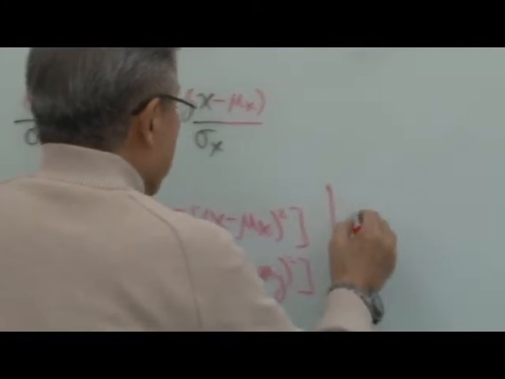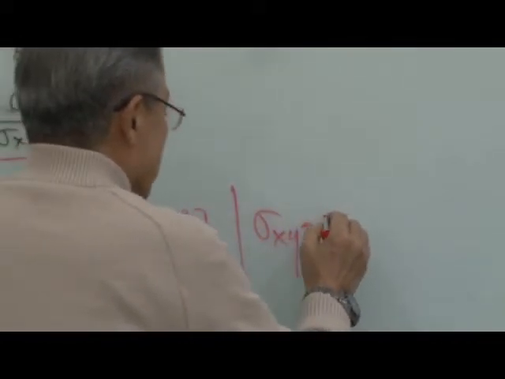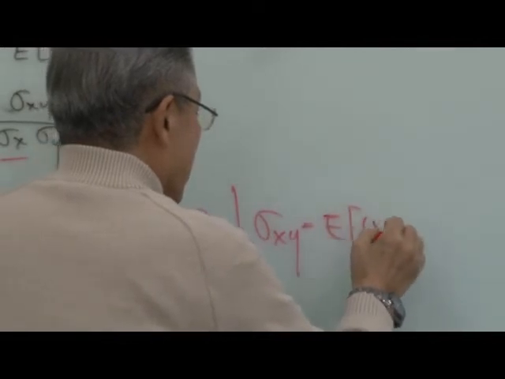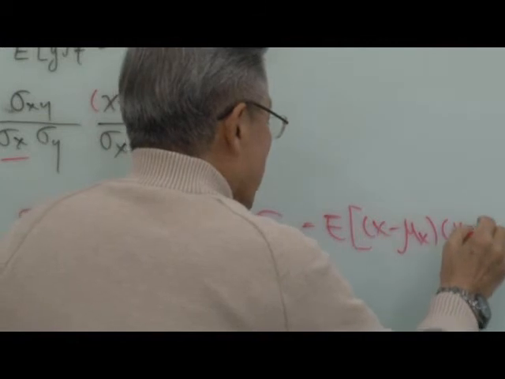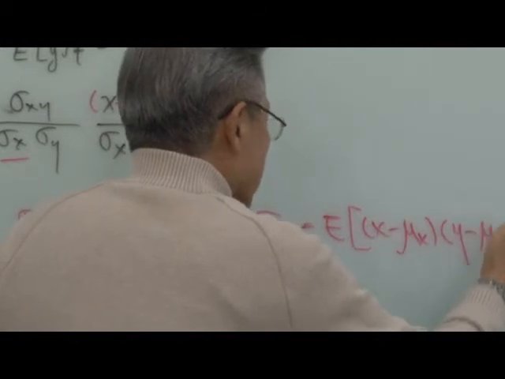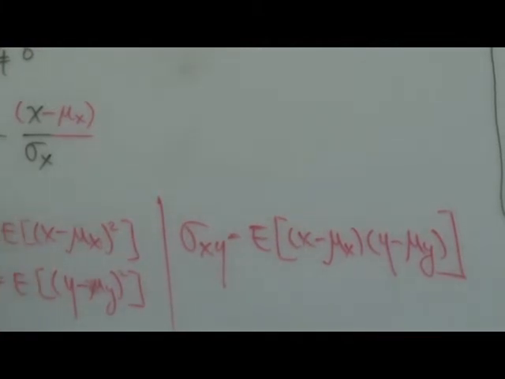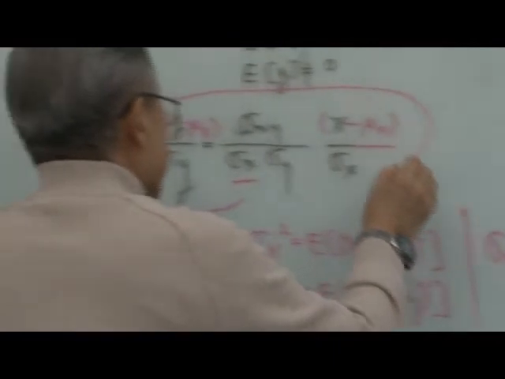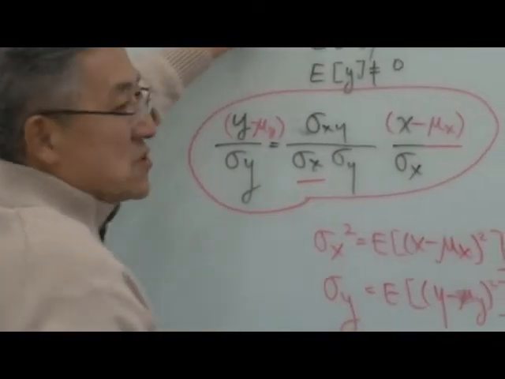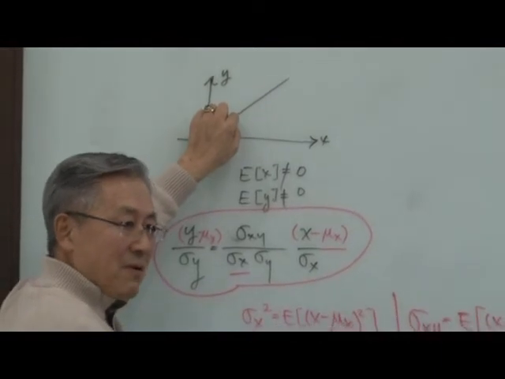And what about sigma xy? Sigma xy, you have to add x minus mu x, y minus mu y. That has to be. And this is good for anything. When you move to the CG, then mu x, mu y is equal to 0.